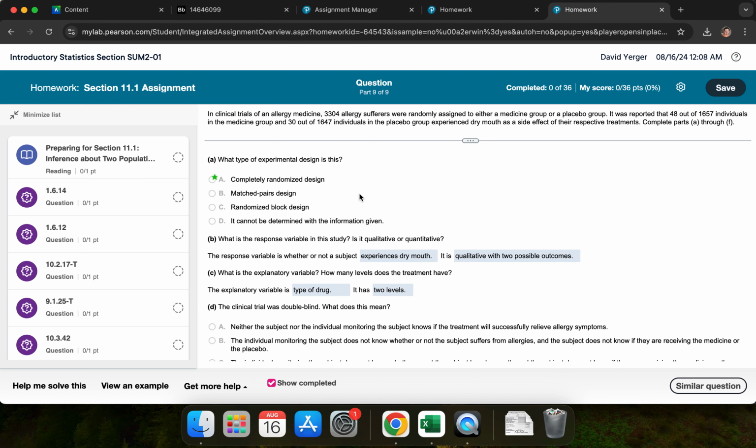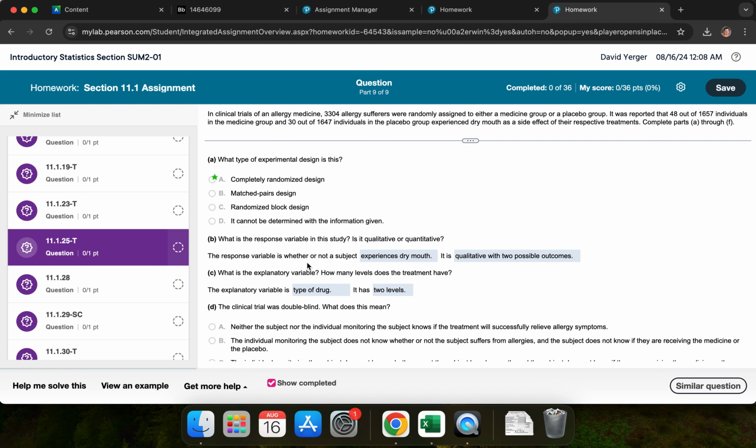So let's look at another example. This is in chapter 11. It's 11.1.25. And it's describing a clinical trial. So it says 3,304 allergy sufferers were randomly assigned to either a medicine group or a placebo group.